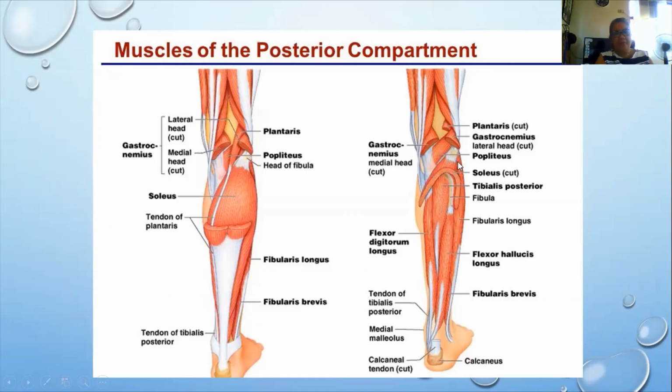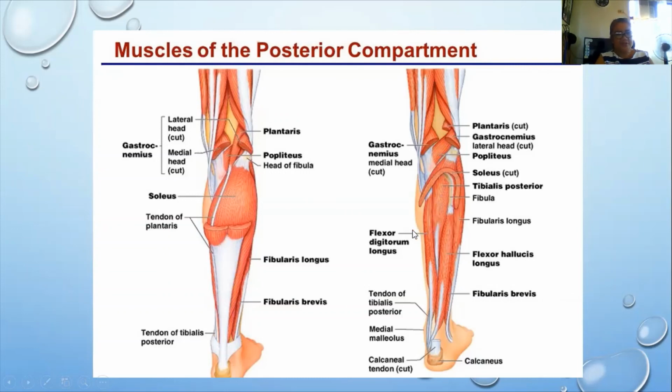Then you have the soleus muscle, which was cut so that the deep group of muscles will be exposed. You have the tibialis posterior here. This is the uppermost of the deep group of muscles.